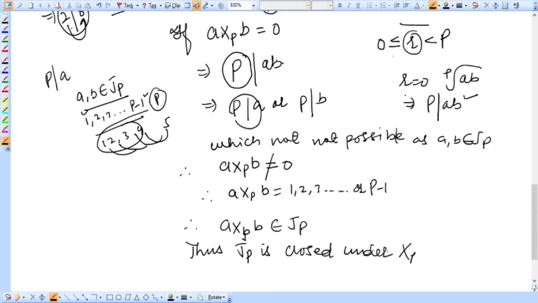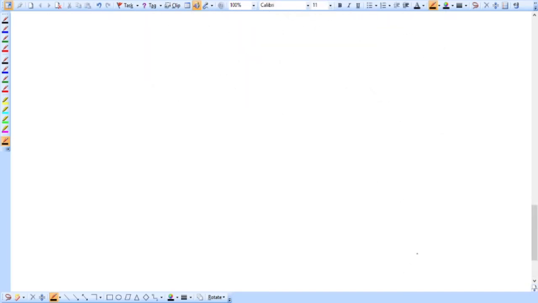Now let us come to the second property, which is associative property or associative law.